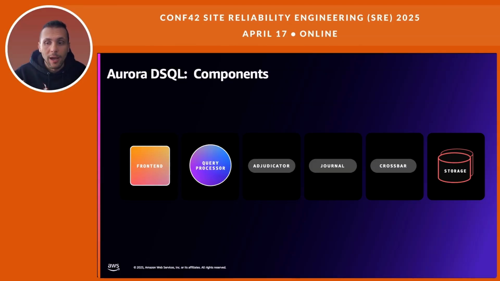The journal is an ordered data stream that makes transactions durable and replicates data between regions and availability zones. The crossbar is just a way that it can replicate your data into the storage. And of course, the storage is where the data is going to be completely replicated across different storage partitions. And DSQL takes a very interesting approach of replicating the different pieces of data across different storage, so you have the replication and the performance capability benefit given to you by default.